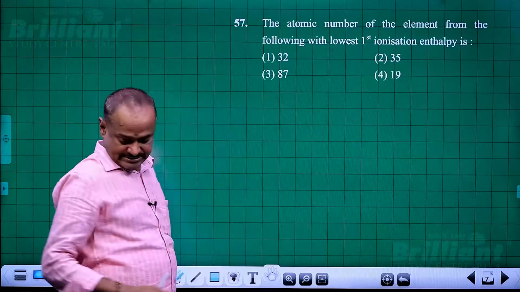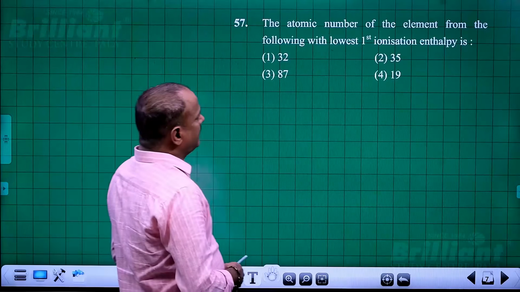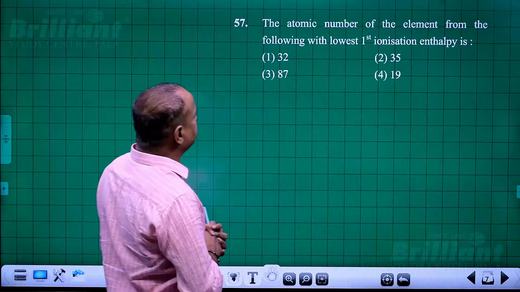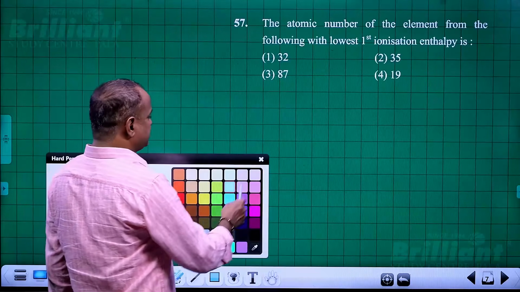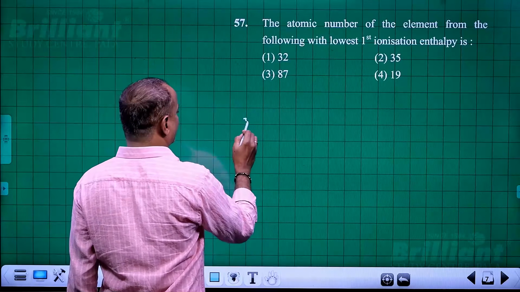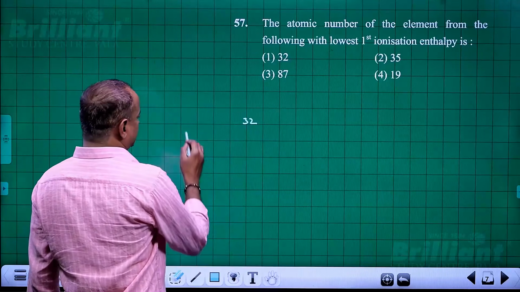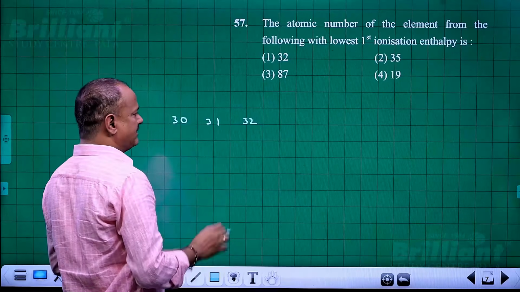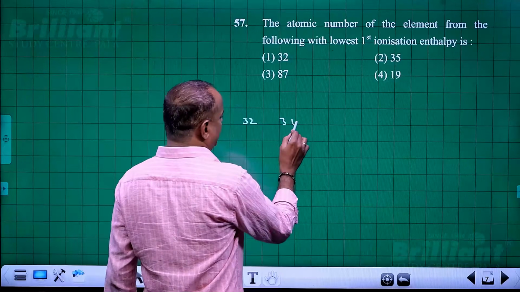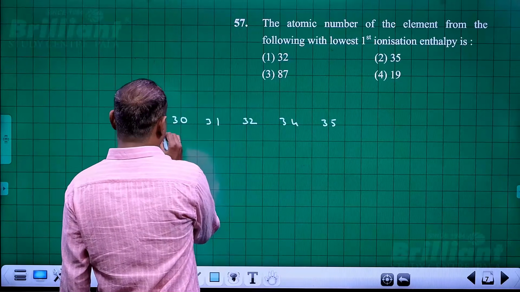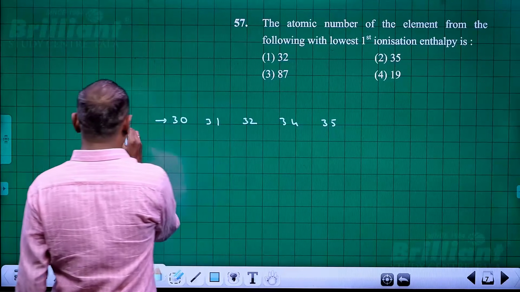Option 4. Next, 57. Which element, from the following atomic numbers, has the lowest ionization enthalpy? First take the elements: 30, 31, 32, 34, 35. These are fourth period elements.